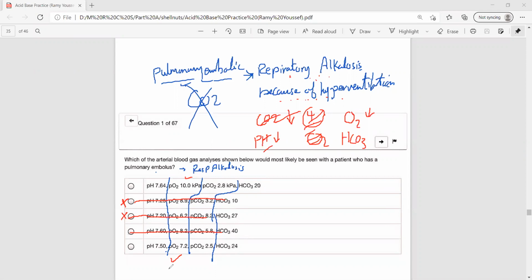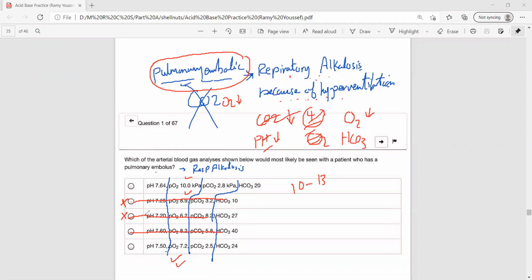In a patient with pulmonary embolism, is the O2 expected to be low? The normal O2 is from 10 to 13. This one is normal, and this one shows hypoxia.